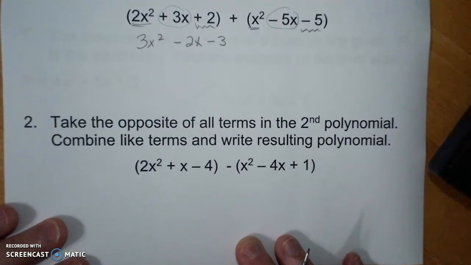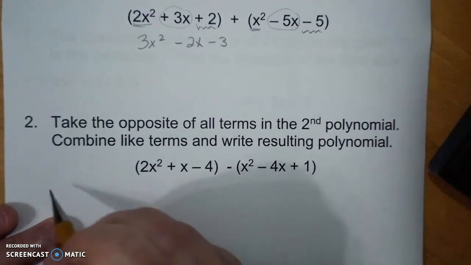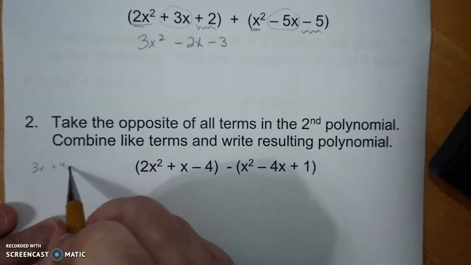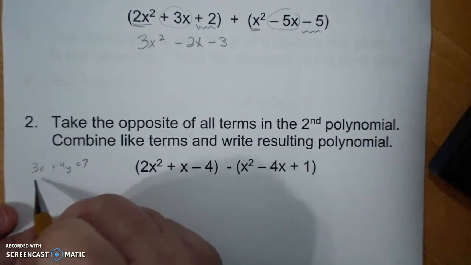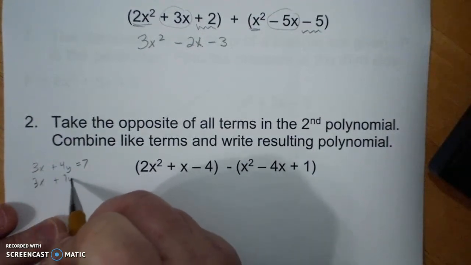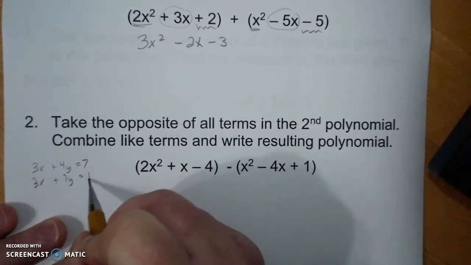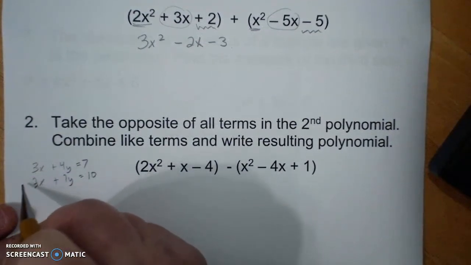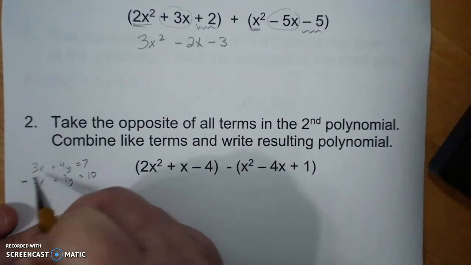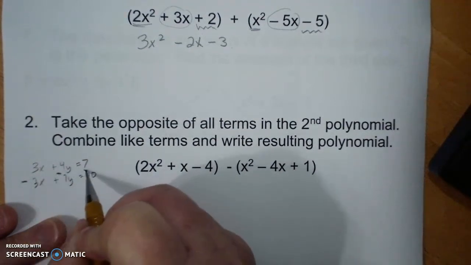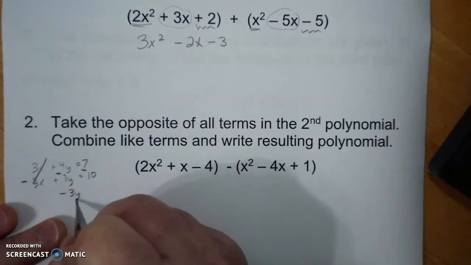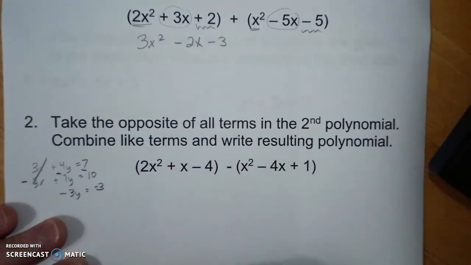Okay, you did this in systems of equations when you had 3x plus 4y equals 7, and you had 3x plus 7y equals 10, and I made you change signs, and remember when we changed signs, we did everybody subtract, and then eliminated, and that became negative 3y equals negative 3.